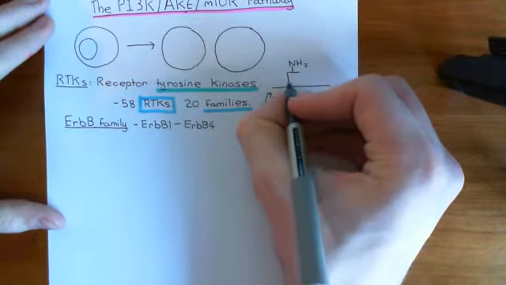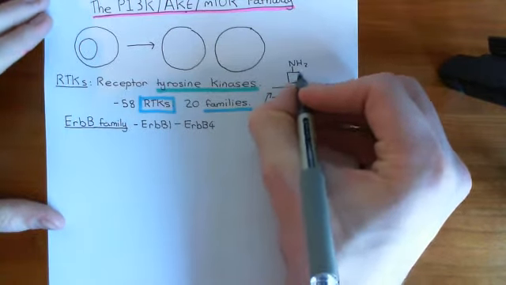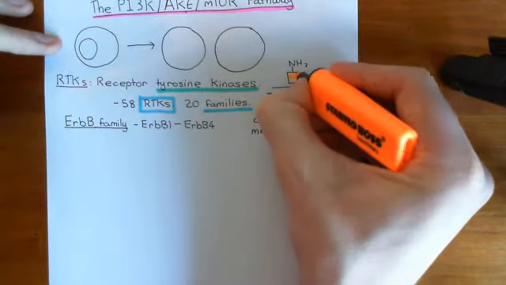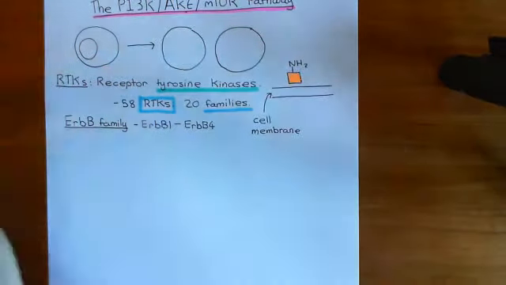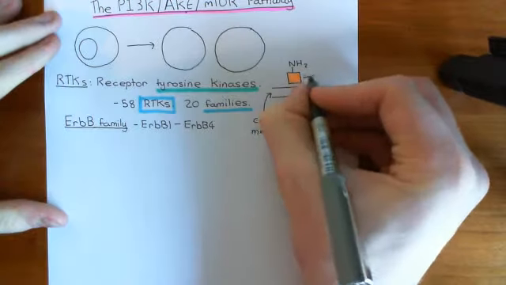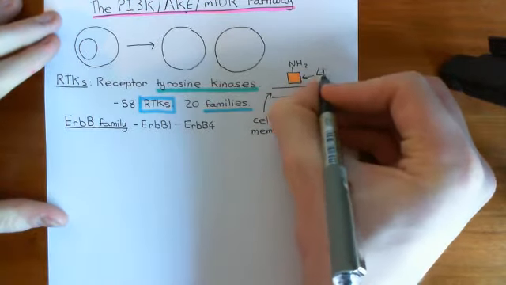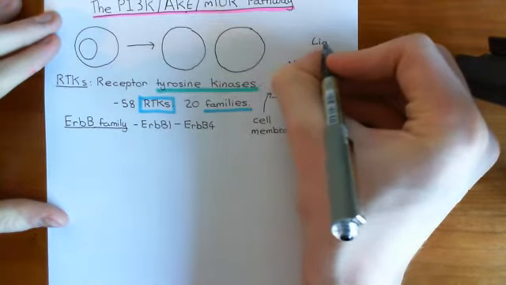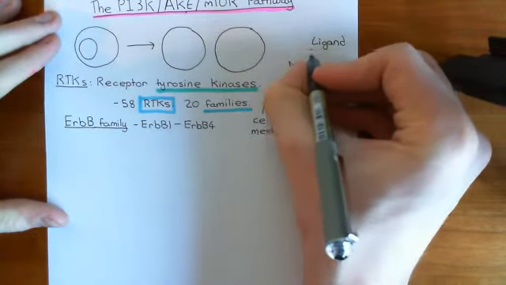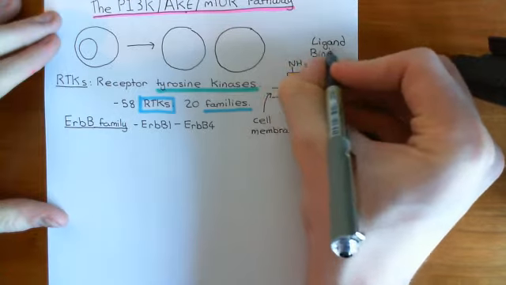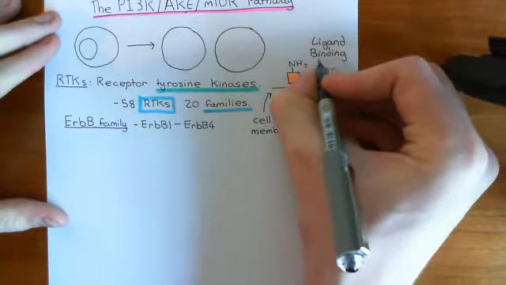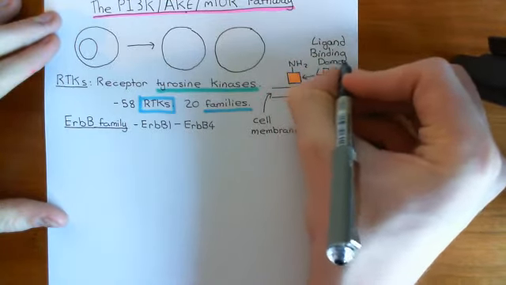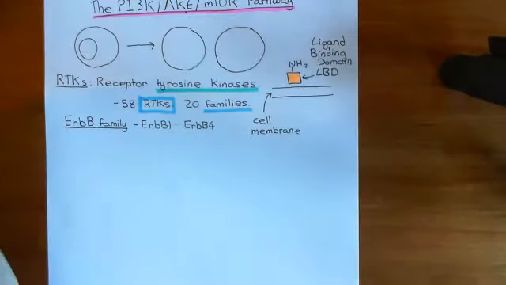Then what they have is a ligand binding domain extracellularly. I'll colour this portion in orange here. Now the ligand binding domain is usually abbreviated to the LBD, which stands for ligand, that's the L, binding, that's the B, and domain, that's the D. So that's the main domain that you have extracellularly.